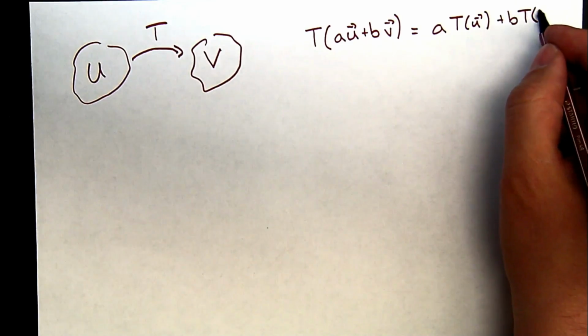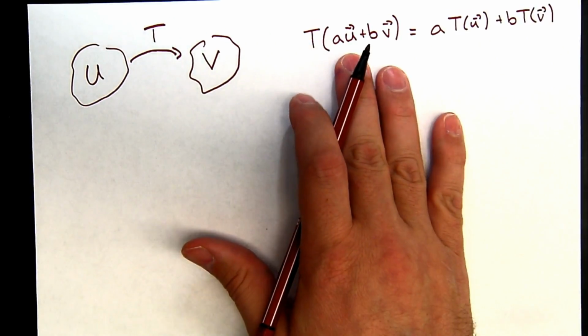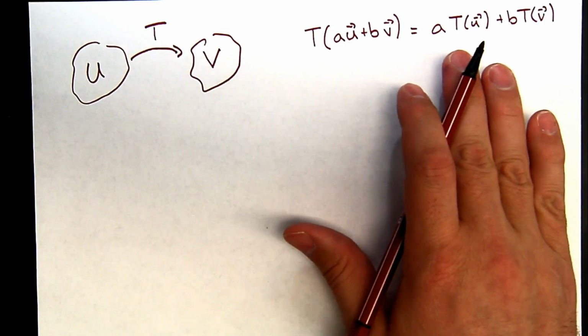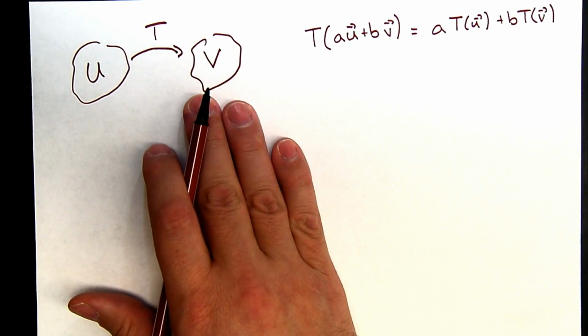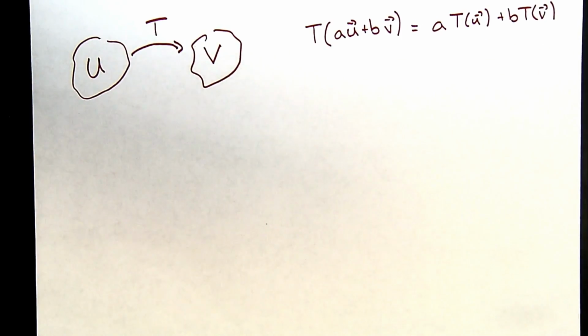So that's a times the transformation of U plus b times the transformation of V. And these are operations that we can do. We can add and we can scale in our original vector space U, and we can also add and scale in our new vector space V. So this right-hand side makes sense.